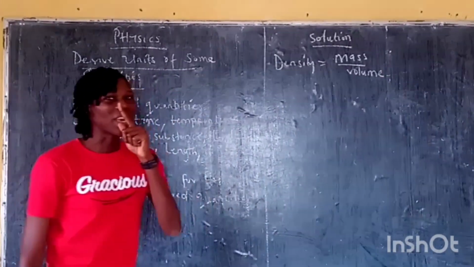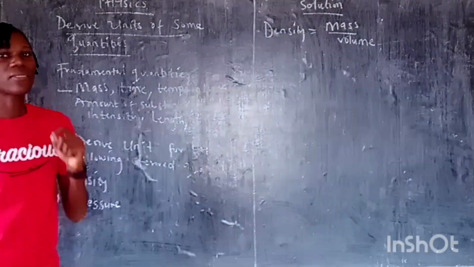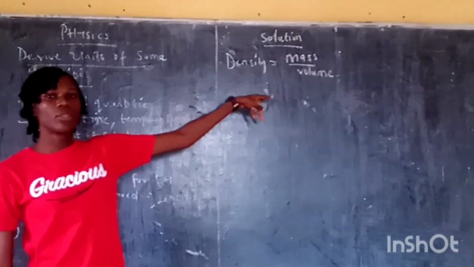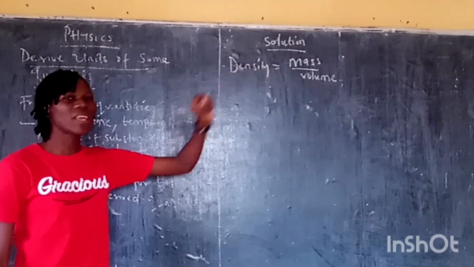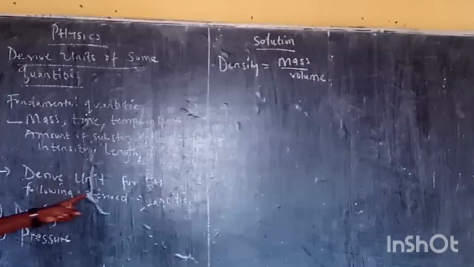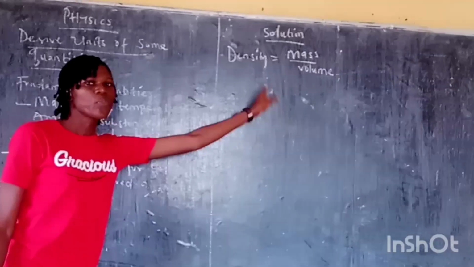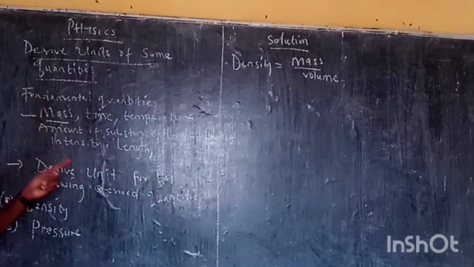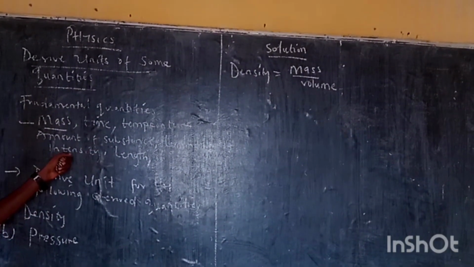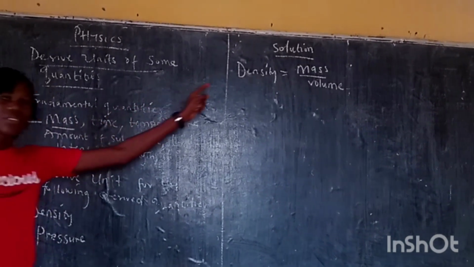Please don't forget, mass over volume. We said for us to express this, we need to take them to their fundamental quantities. Mass is an example of a fundamental quantity. We don't have volume here. Volume is not a fundamental quantity. Volume is a derived quantity.